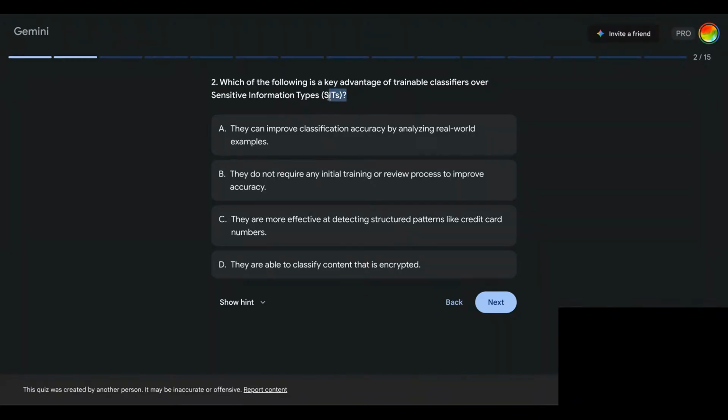Okay. Which of the following is a key advantage of a trainable classifier over sensitive information types? What's the difference between these two? I can give you a hint.